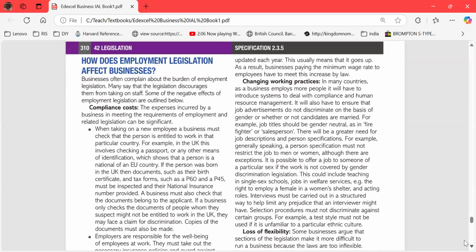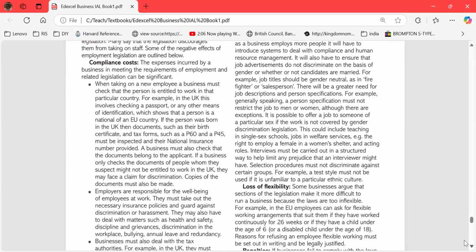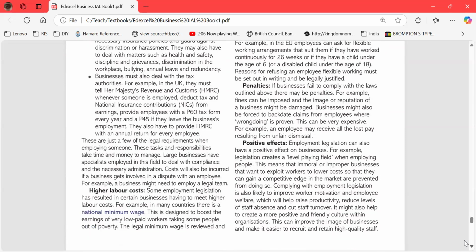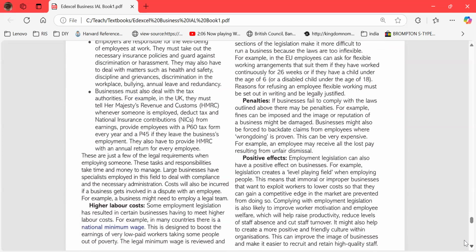So how does it affect the business? Complying cost. To comply with all these legal situations and new laws, the cost of the business will rise. We already discussed it, so I'm not going through it in detail. But this higher level of labor cost will be an issue as well because of the national minimum wage.